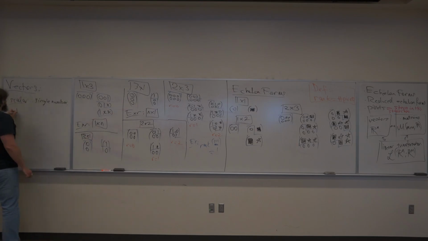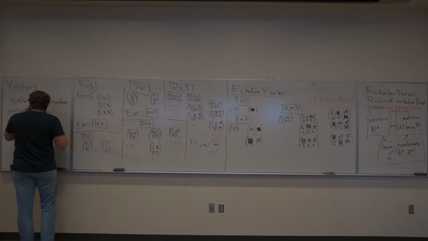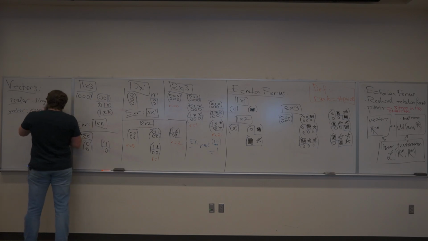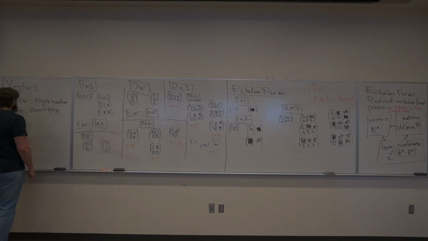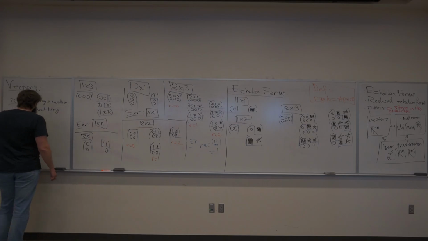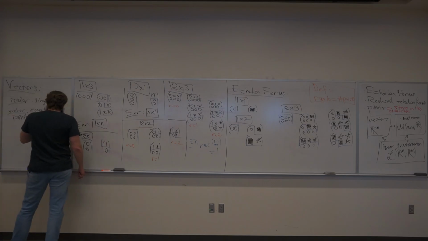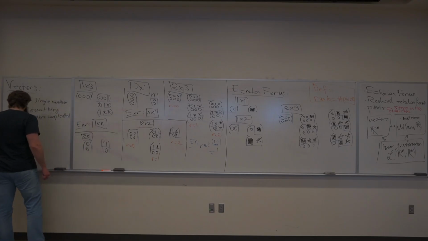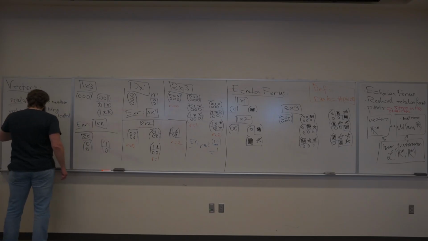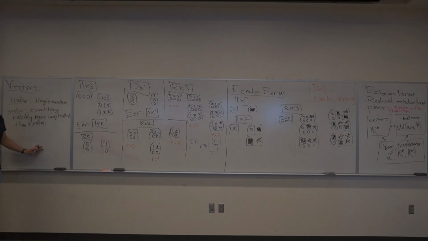A vector for us is going to be something that is determined by possibly more than one number. So, something possibly more complicated than a scalar. Okay.